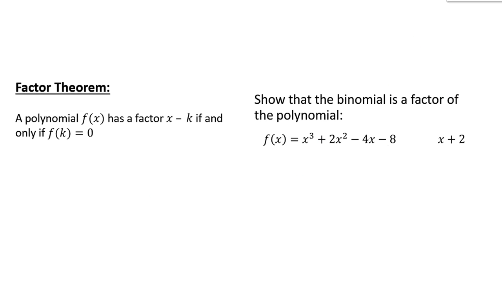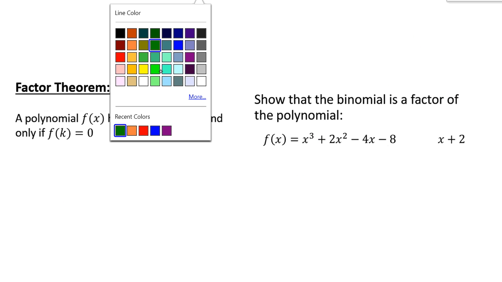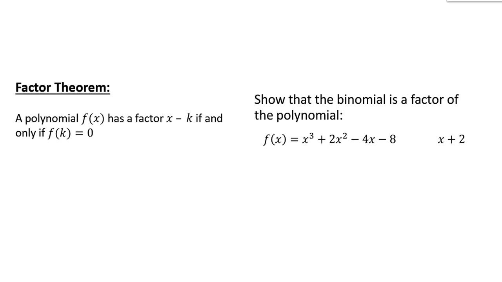Okay, the next theorem is the factor theorem. Now this one's going to be very useful when we start finding zeros and we factor stuff. It says a polynomial has a factor, x minus k, if and only if f of k equals 0. So this right here applies the remainder theorem. It's saying if f of k equals 0, then there is no remainder.